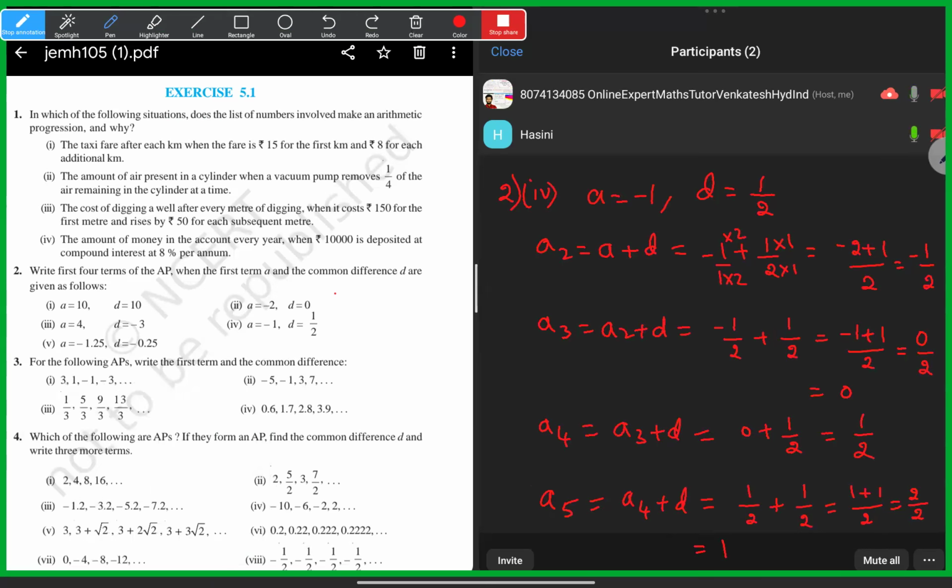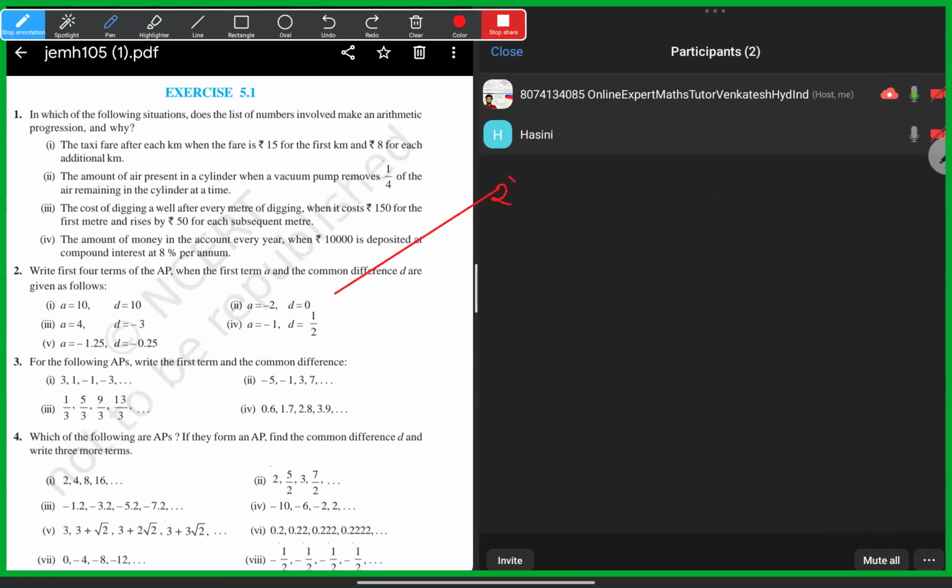Second one, 5th bit now. A is -1.25 and D is -0.25. Now what I am doing is the same. A2, the second term, is nothing but first term plus common difference. -1.25 plus, bracket open.